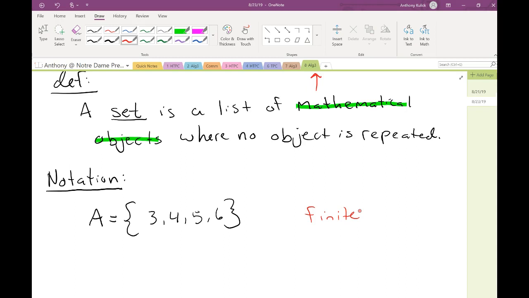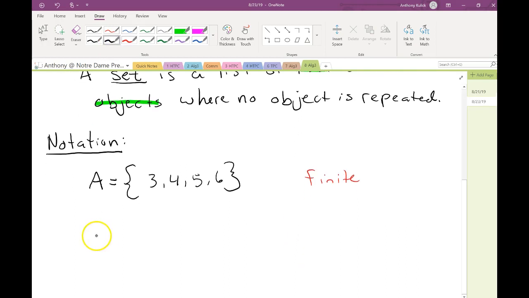So that's an example of a set that would be infinite. Since we can't list all of those items because the list goes on forever, we need a different kind of notation to describe an infinite set. Everybody okay with that idea? So let's write an example of what that would look like.